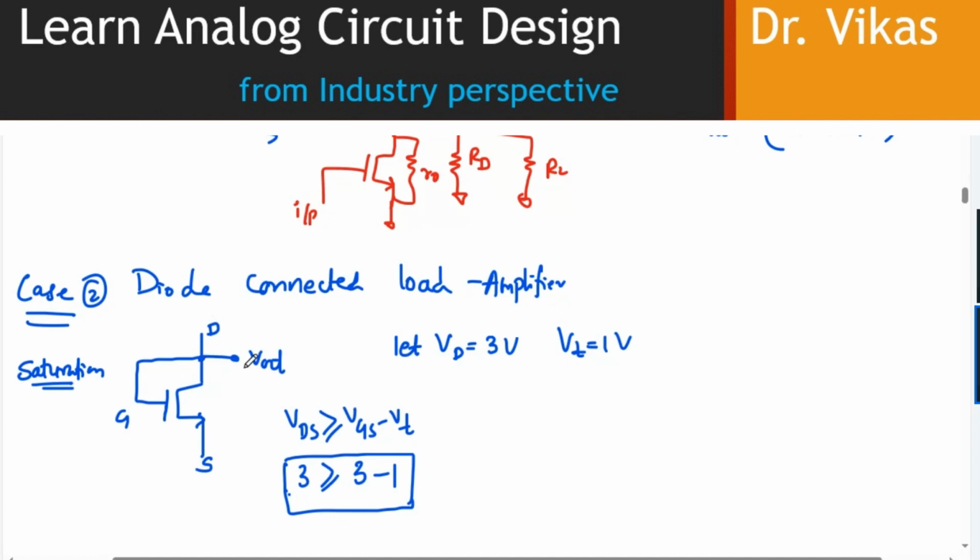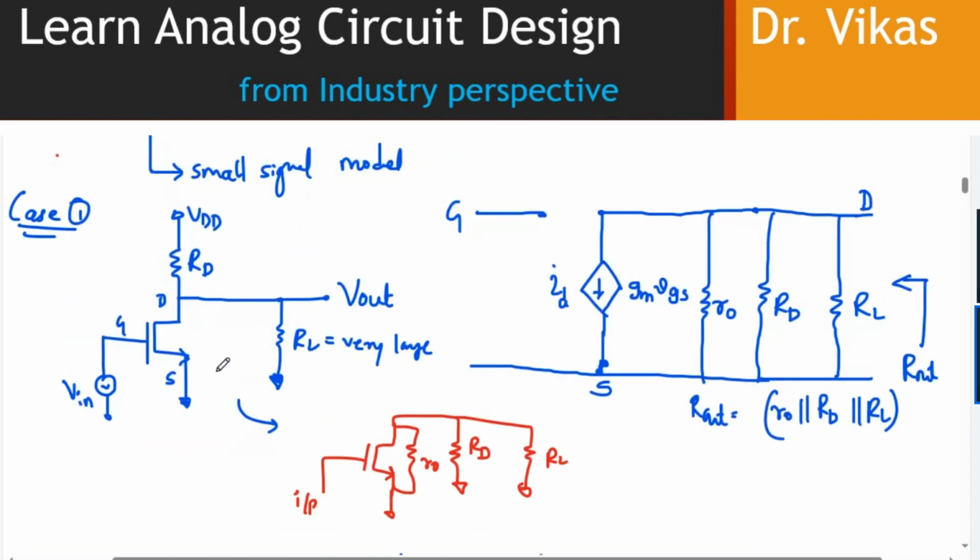So in all these combinations of MOSFET amplifiers, if you observe, the output is taken between drain and source. One end is connected to Vout and the other is connected to ground, and the ground is also connected to the source.